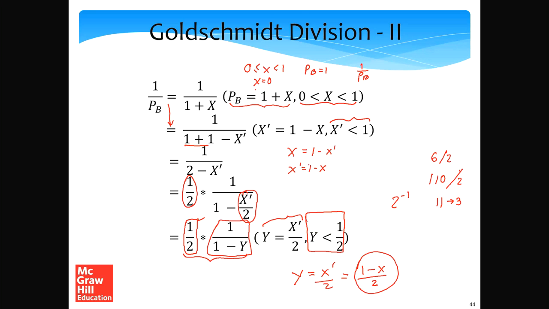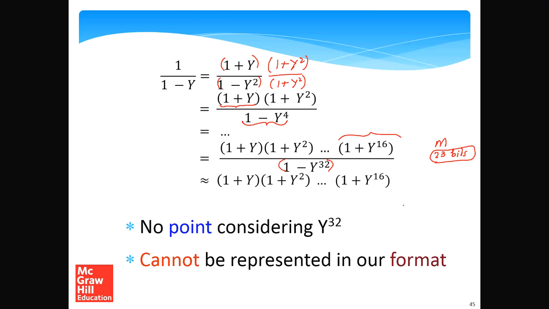Let's go to the previous slide. What we know is y is less than half, that is, y is less than 2 raised to the power minus 1. So y to the power 32 is less than 2 to the power minus 32.